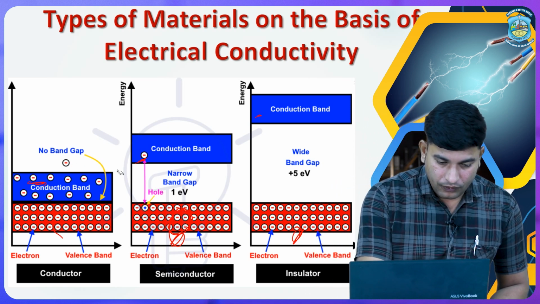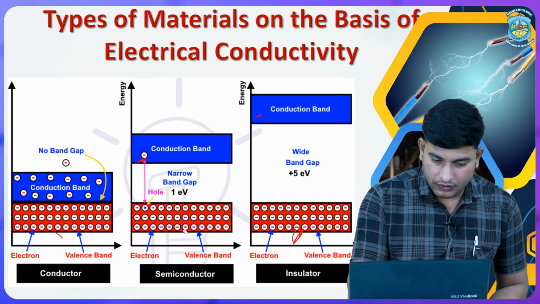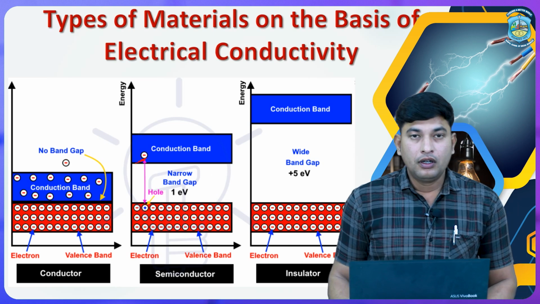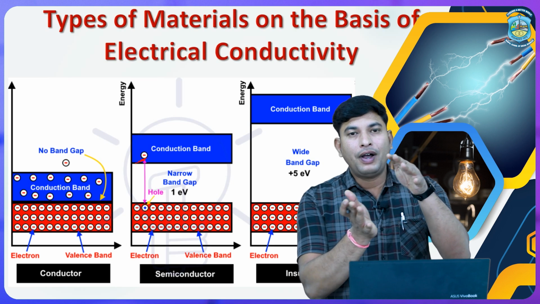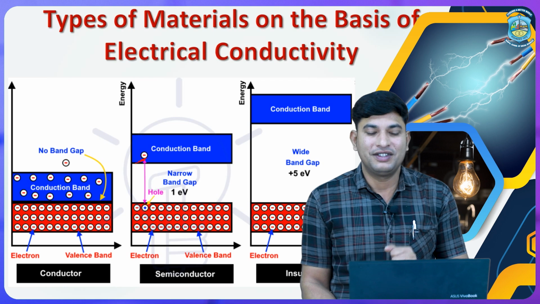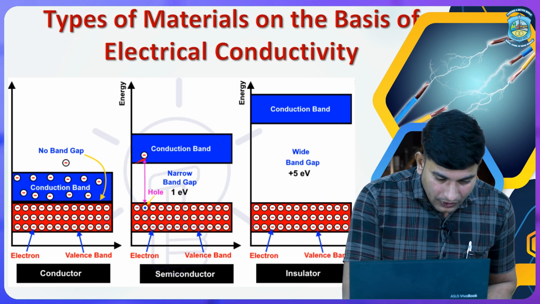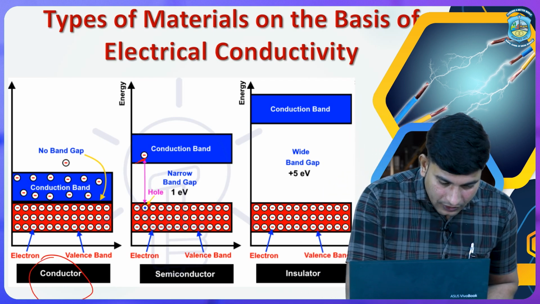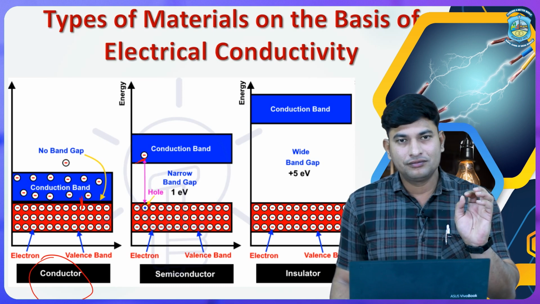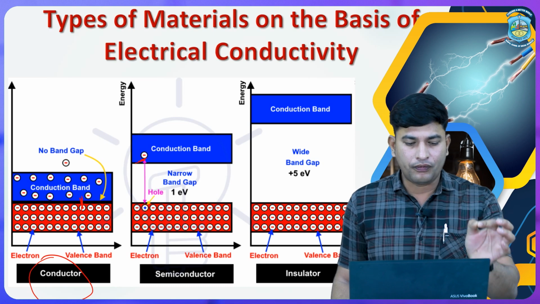In the case of solids, the conduction band and valence band are defined by the amount of energy required to create free electrons. In the case of a conductor, there is no need to apply additional energy, or just a small amount of energy.